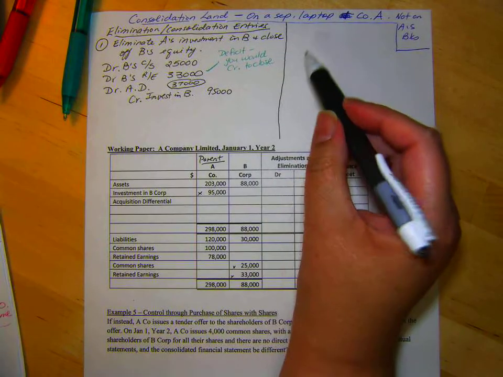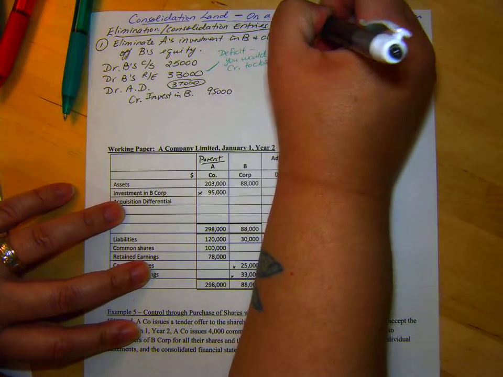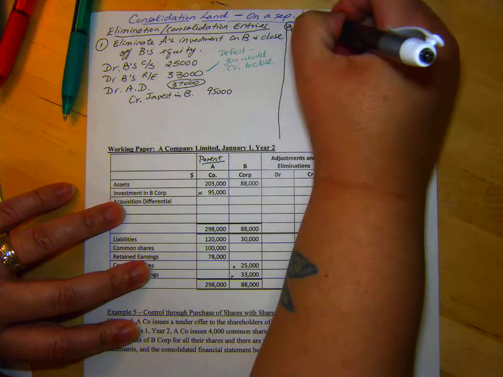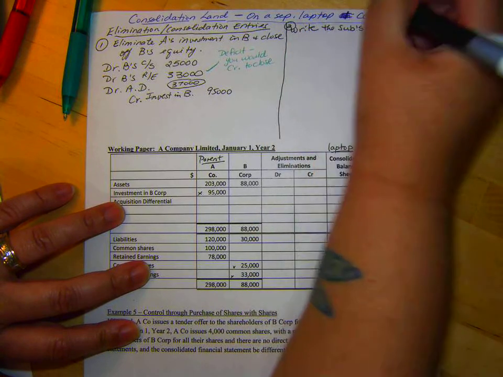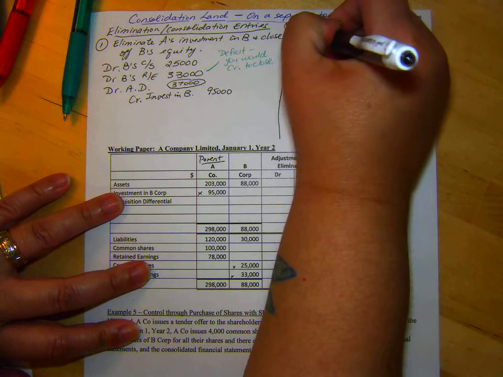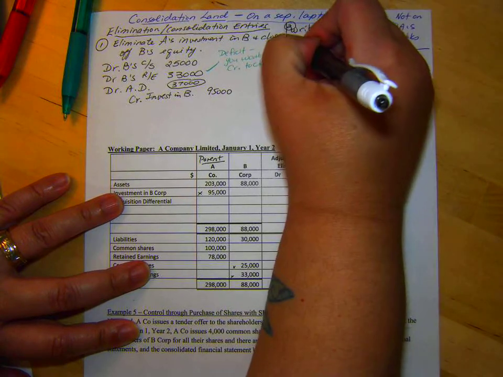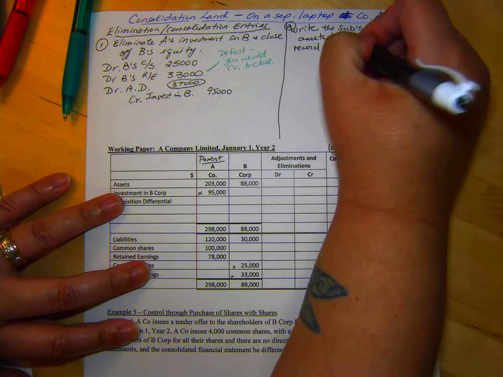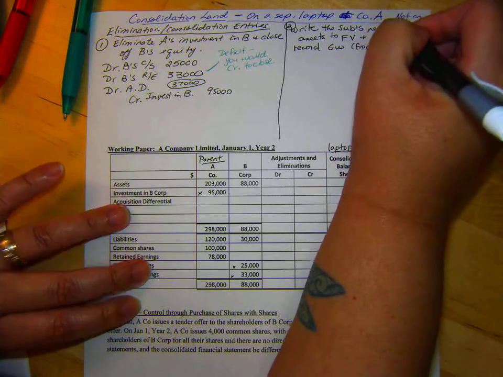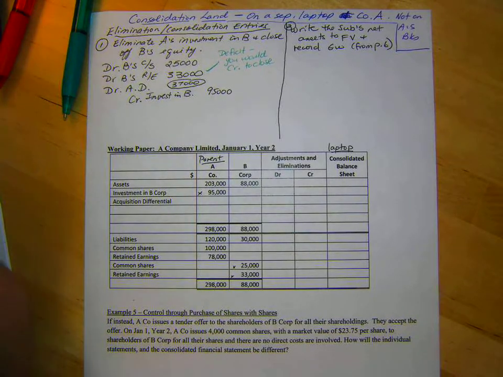Okay, so our second entry is write or mark the sub's net assets to fair value and record goodwill, and that's from page 6.